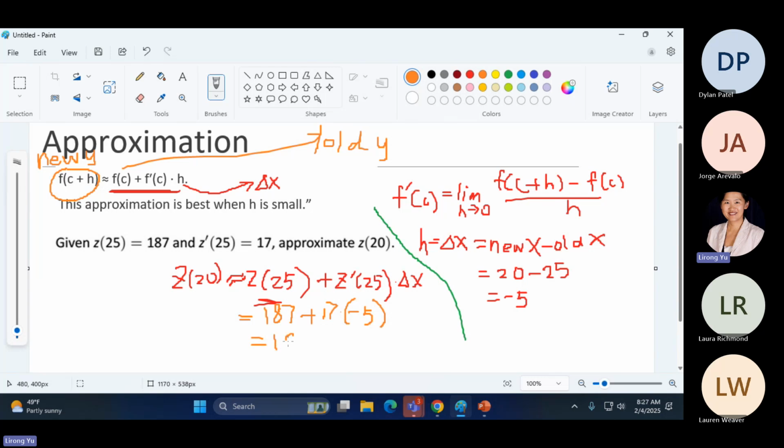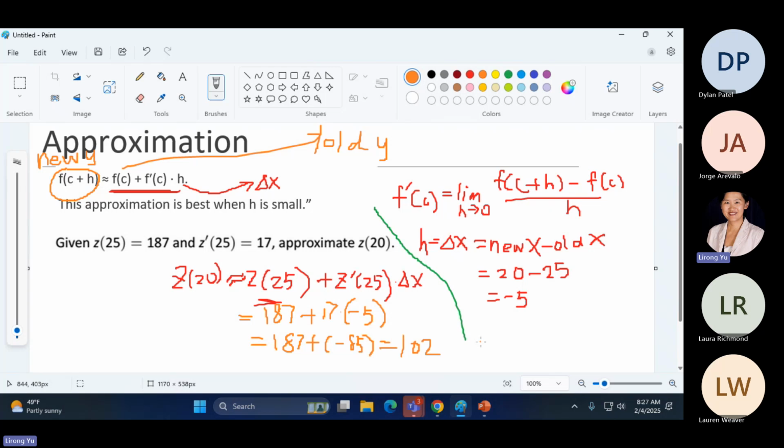So it's 187 plus 17 times -5, which is -85. So 187 plus -85 is the same as 187 minus 85. That's 102.